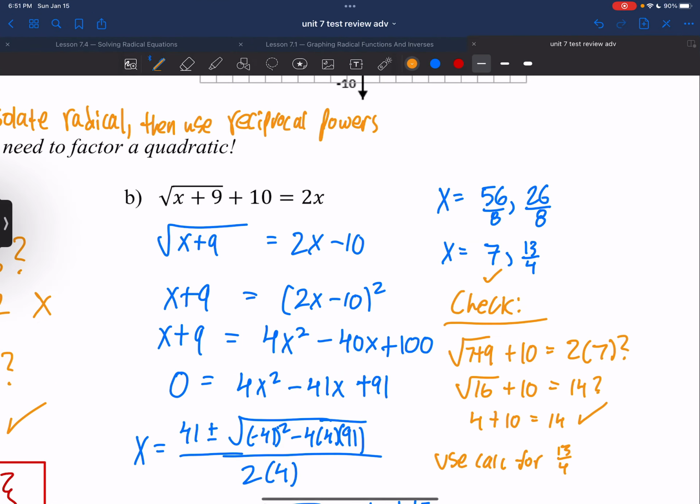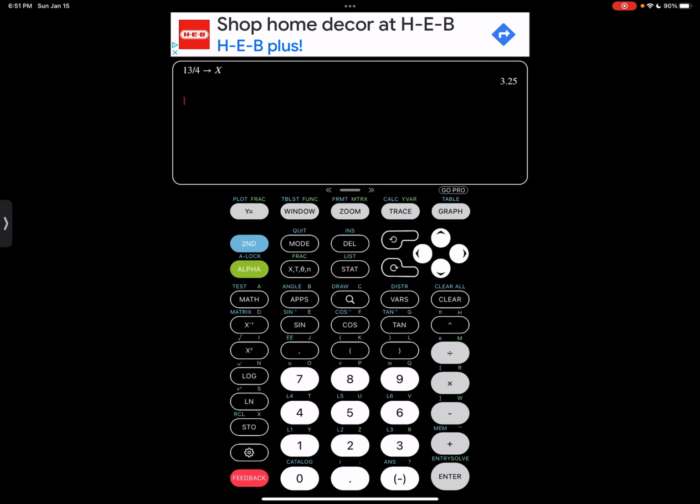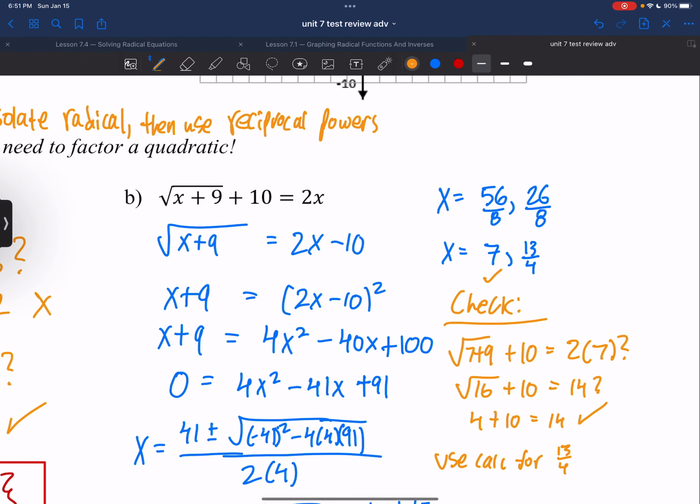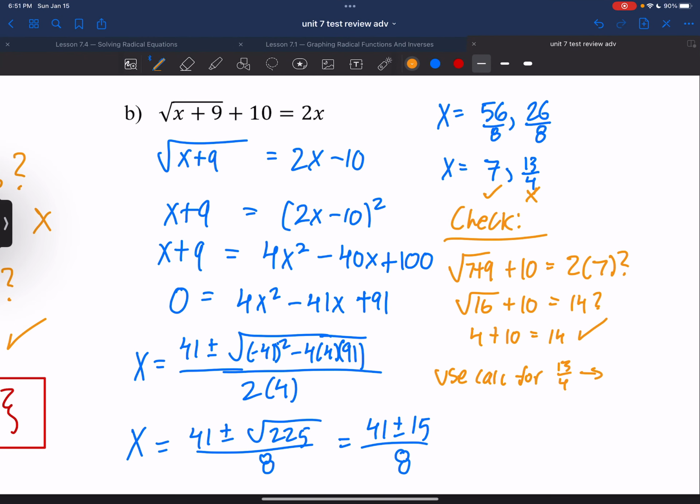And it's the square root of x plus 9, plus 10. I get 13.5. And 2x, which is the right side of the equation, is 6.5. So I don't think that's true. False.